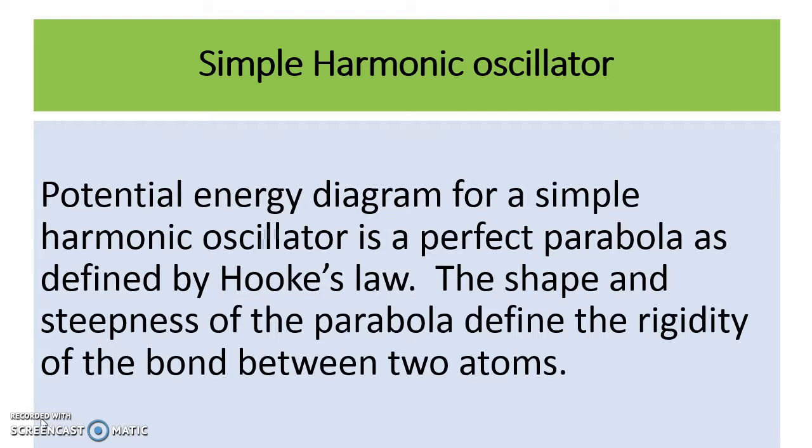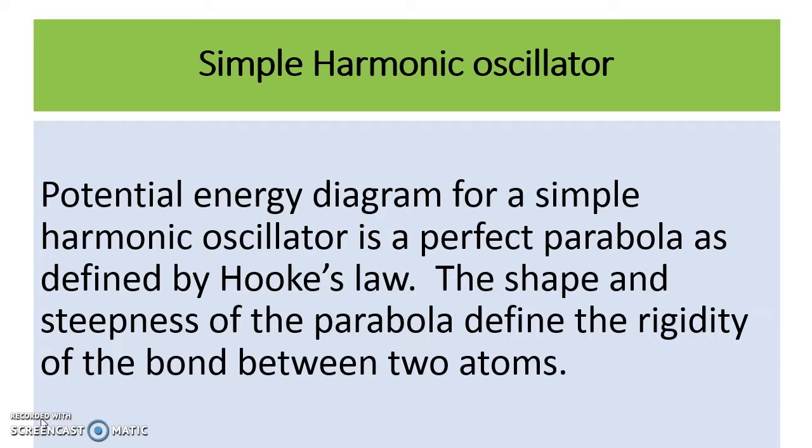Next example is a simple harmonic oscillator. Simple harmonic oscillator is a picturization of a setup wherein the potential energy of the oscillator keeps on changing as a function of its position.